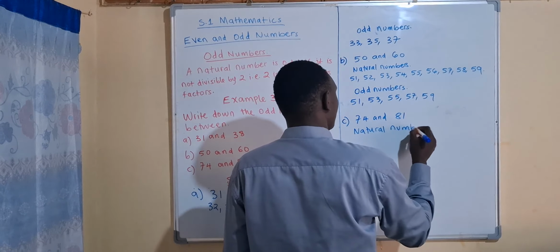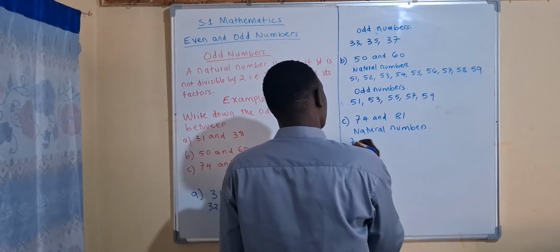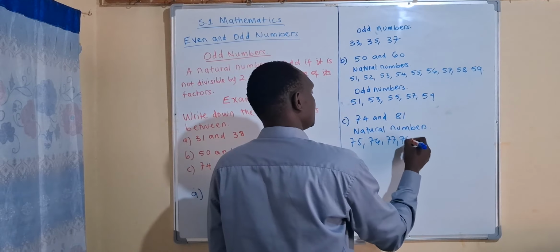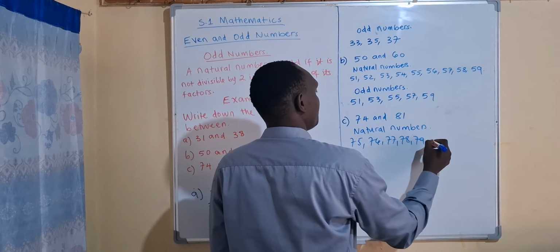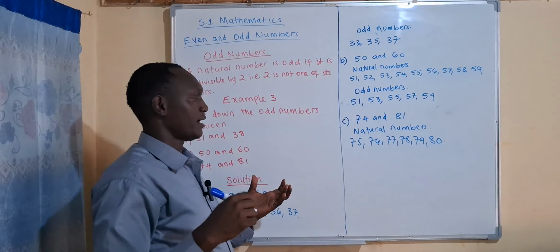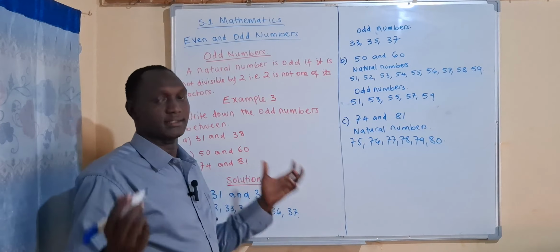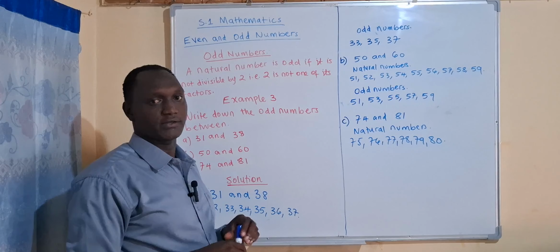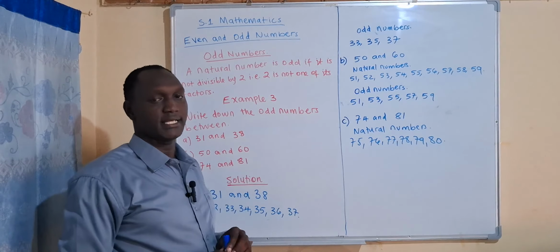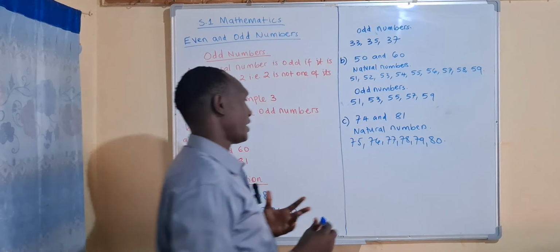So we shall just say natural numbers, and we shall say 75, 76, 77, 78, 79, and 80, because 74 and 81, those are the boundaries, and they are not part of the natural numbers that we are going to consider. Why? Because of the statement that says between 74 and 81.